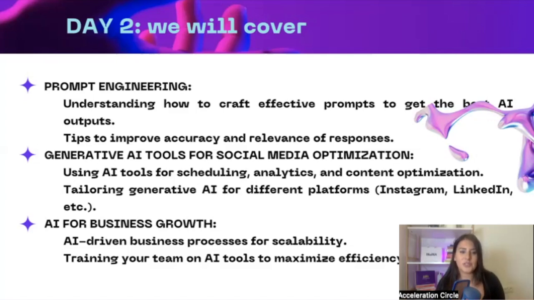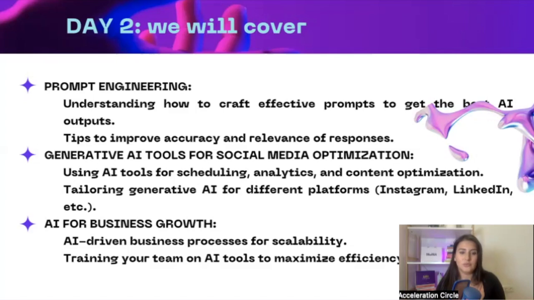And we will talk about tips on how to improve accuracy of responses. So, for example, some people say that they don't get the responses they wish. That's only because they don't know how to prompt engineer in the right way. Another topic will be AI tools for social media optimization, and AI for business growth.